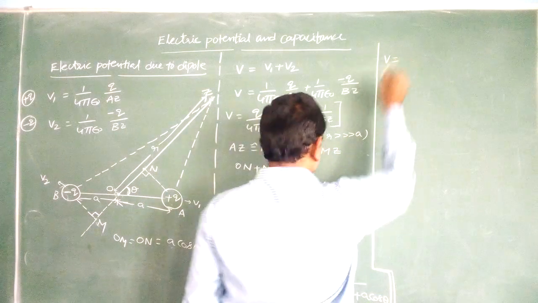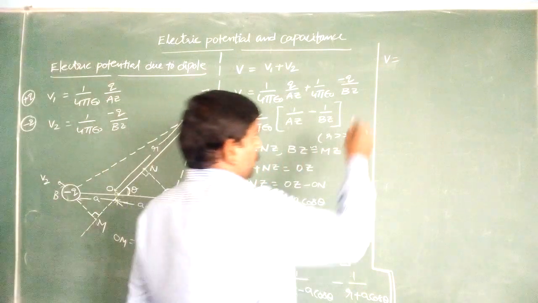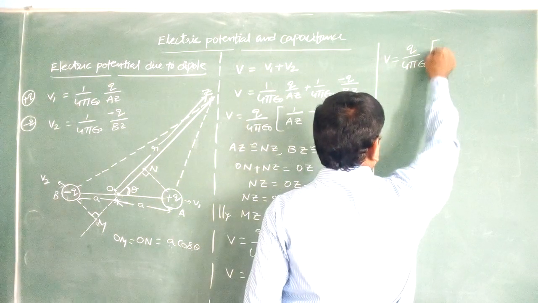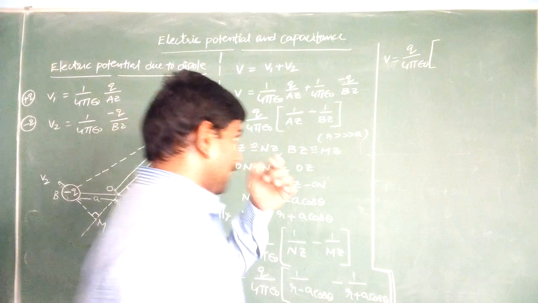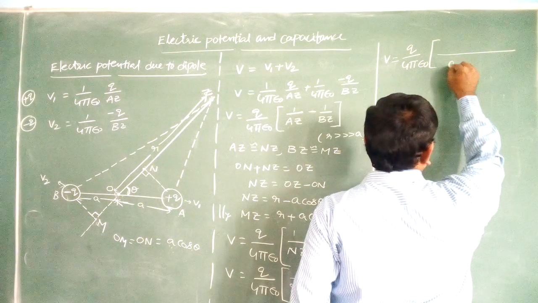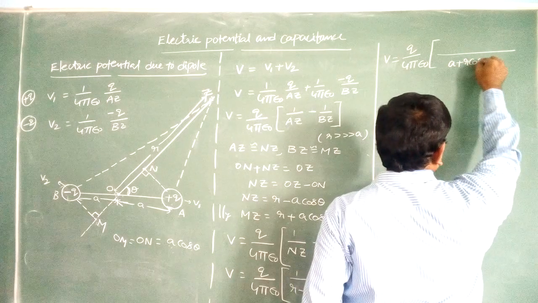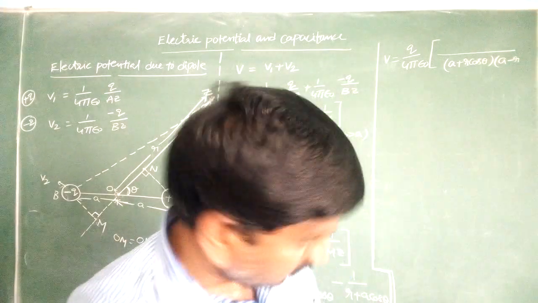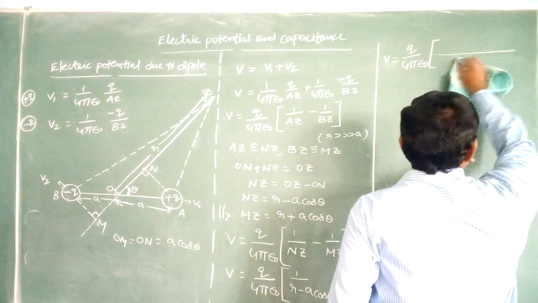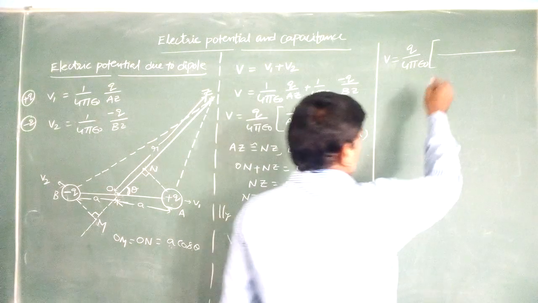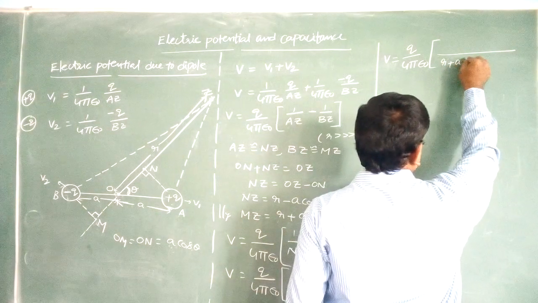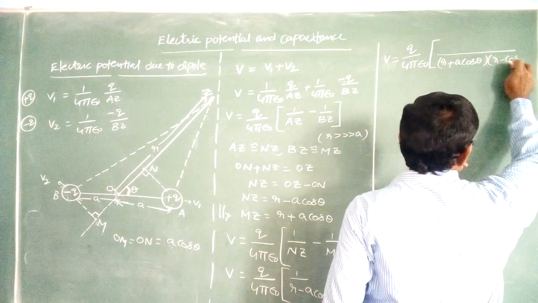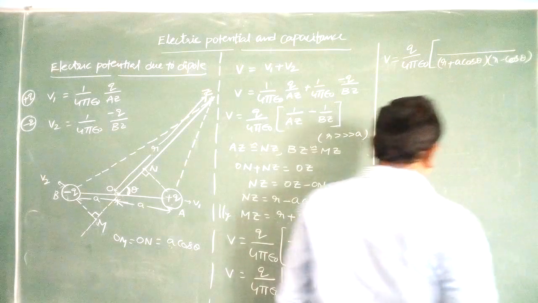therefore V is equal to Q by 4 pi epsilon naught whole into the LCM. How much is the LCM here? R plus A cos theta into R minus A cos theta. That is the LCM.